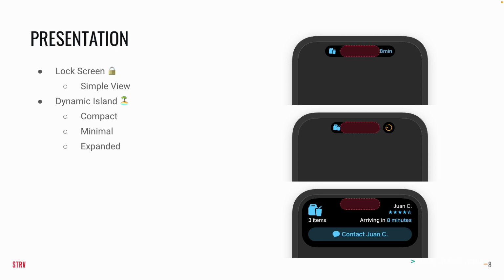For the Dynamic Island, we have three types of presentation for these live activities. The first one is compact mode, the one at the top, and the second is minimal mode. When you touch and hold the Dynamic Island, it gets expanded and you can see more data, and the notch gets bigger.